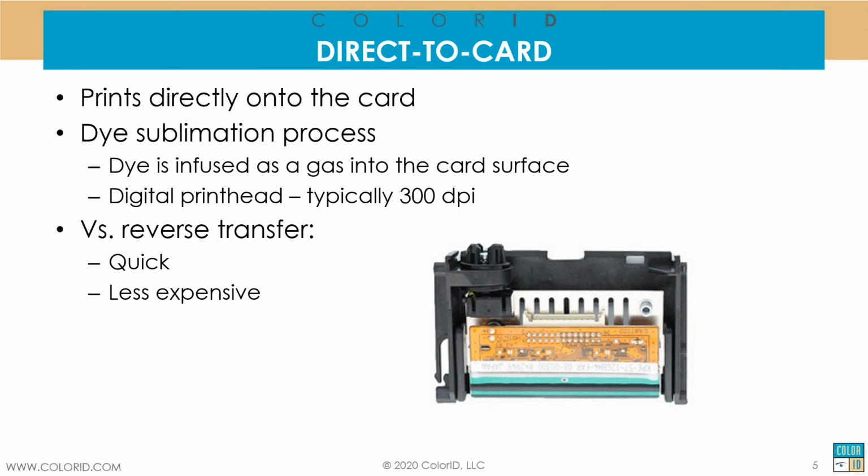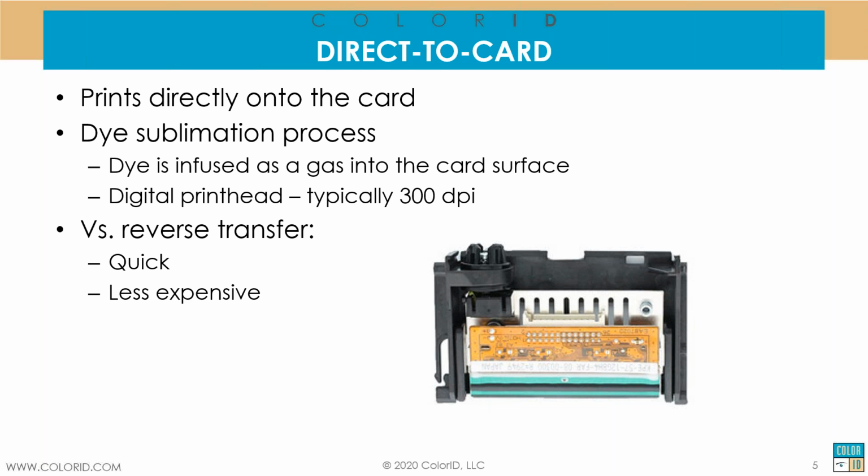But that printhead is in place above the ribbon, which has the die that is the color that will go into the card, and then below that is the card. So printhead, film, or ribbon, and then card.